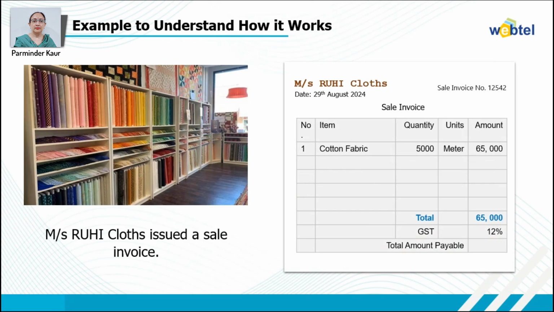To understand the concept of GSTR 1A, let's take an example. Ruhi is a cloth dealer and she sells fabric. On 29th August 2024, Ruhi sold cotton fabric amounting to 65,000 including GST of 12%.